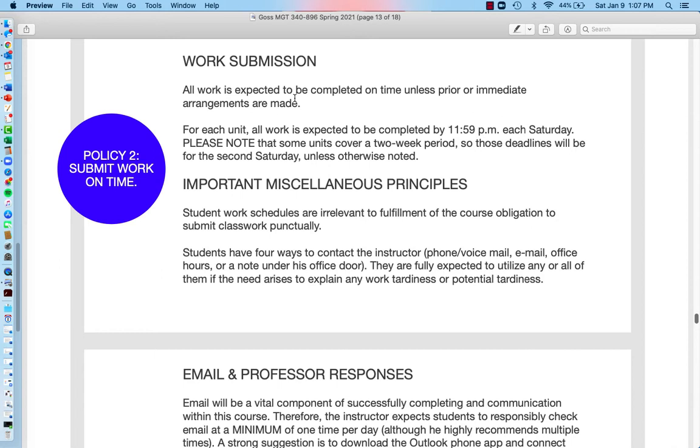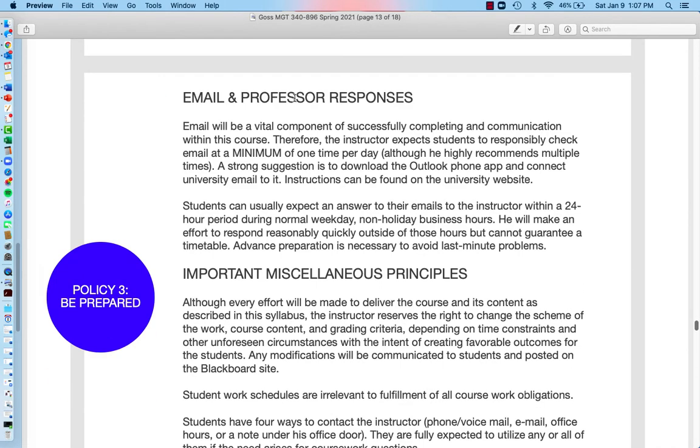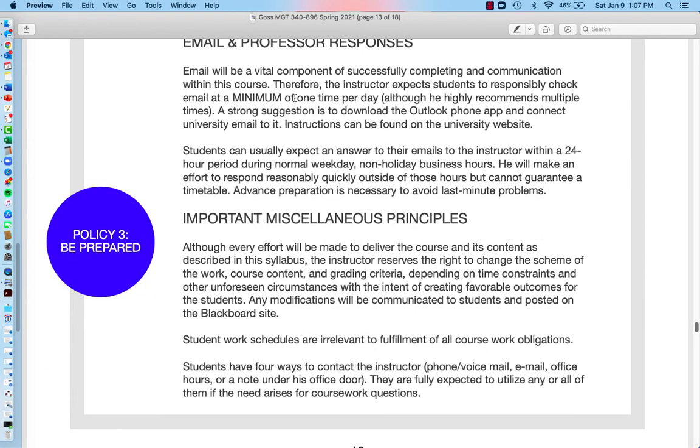But again, you've got to complete the work by 11:59 p.m. each Saturday outside of any extenuating circumstances and get that in on time. It's just that simple. If you're having problems, let me know. We'll work with you. I will do my best to try to get back to you as quickly as I can whenever you have a question. It's not always easy to do, believe it or not, because I've got a number of different things going as well.